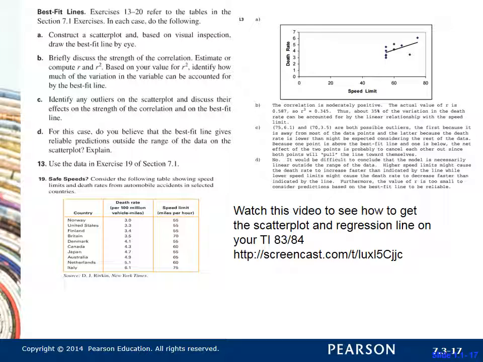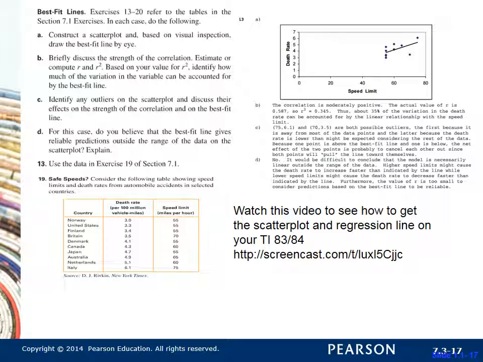Part D, for this case, do you believe the best fit line gives reliable prediction? And I answered that one already. No. It'd be difficult to conclude the model is necessarily linear outside the range of the data because I have such a low coefficient of determination there.